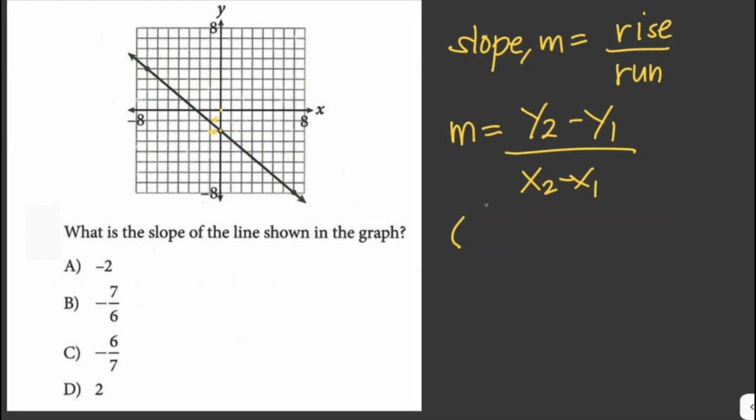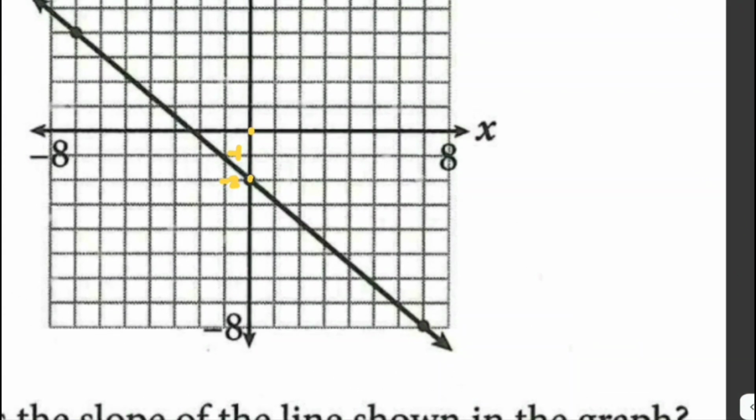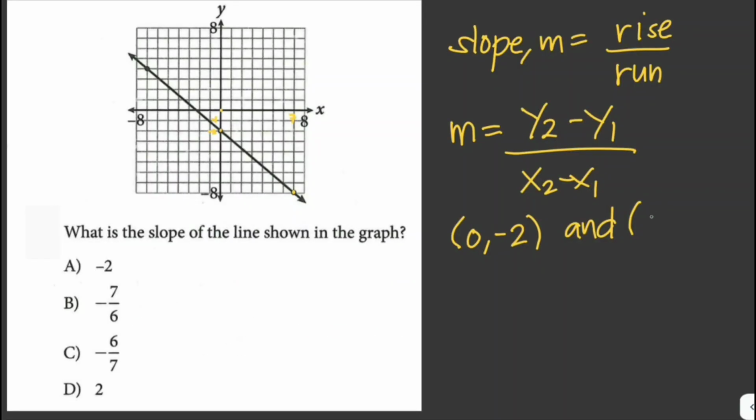So we have point 0, -2, and another point, let's say, okay, this one here. So this is 7 and -8. So the other point is 7 and -8.